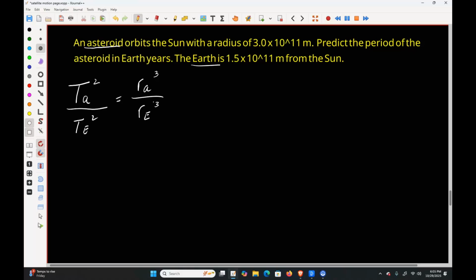I'm looking for the period of the asteroid. I'm going to cross multiply, and divide both sides by the radius of the Earth.